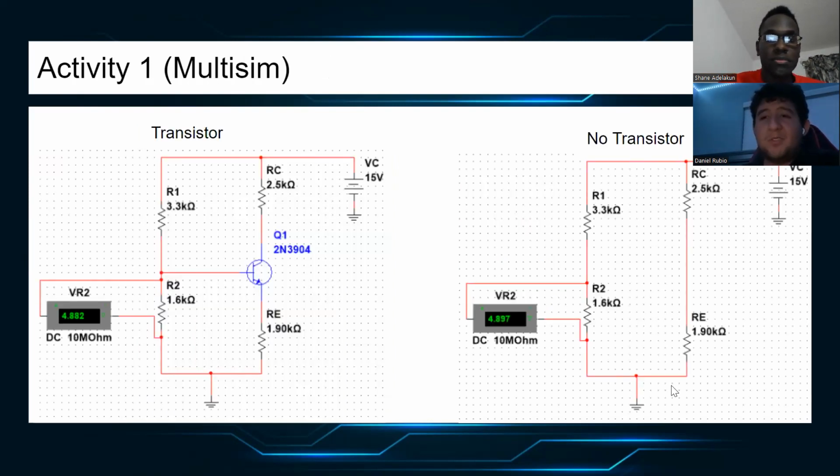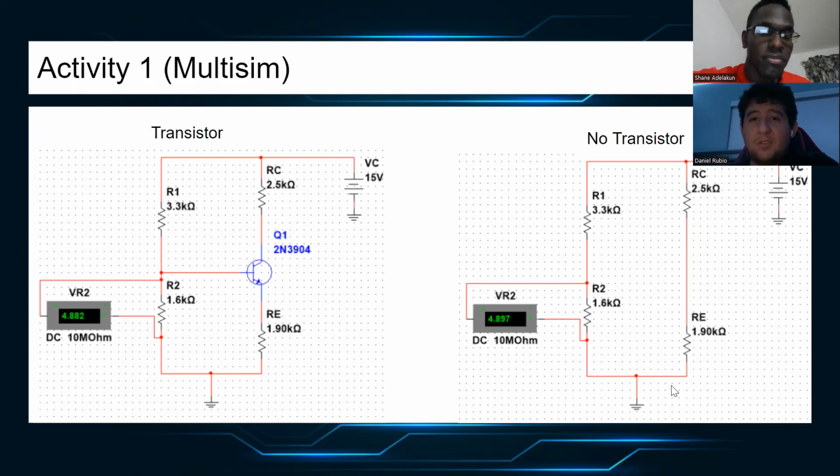This is the Multisim, where we have on the left side the transistor. We have RE with a value of 1.90K ohms. A little bit to the left, we have the R2 resistor, 1.6K ohms.